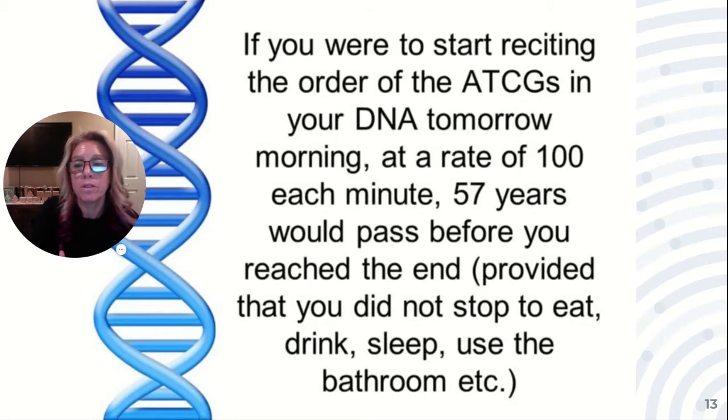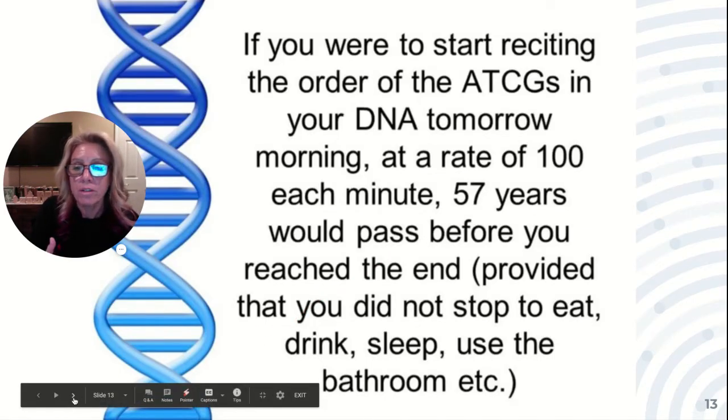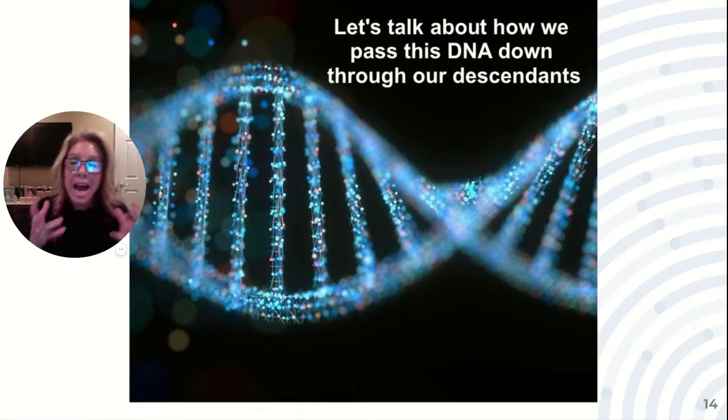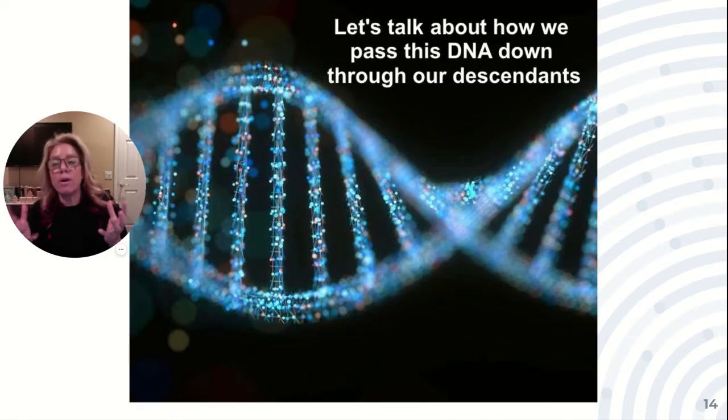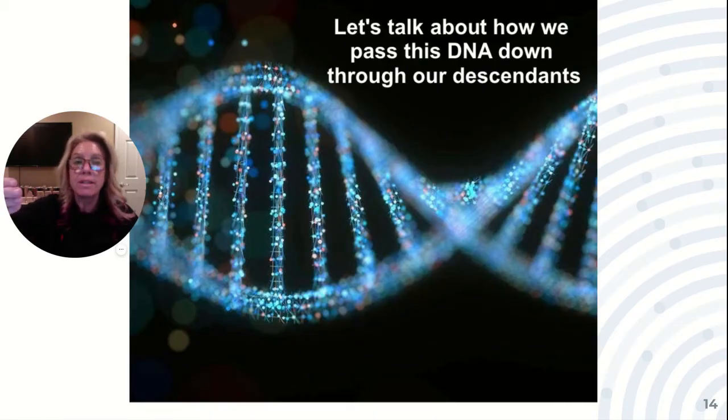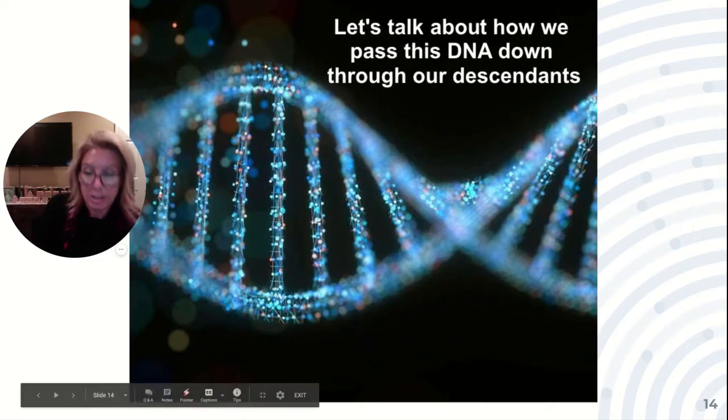That's how many bases you have in your human genome. So what we're attempting to do in this chapter is to talk about how we pass that huge amount of information down to our offspring, and how that DNA codes for our actual traits. We will look at the connection between the genes and the traits, and then in a further unit, we will talk about the biochemistry of that process.